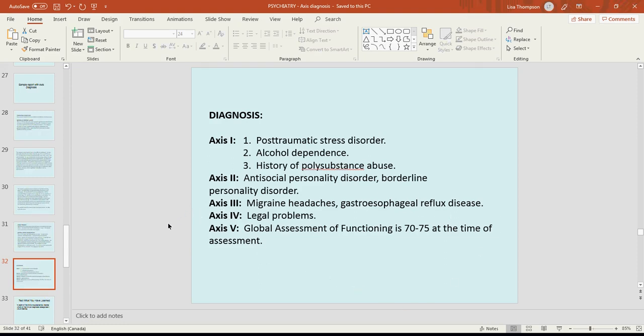So axis 3 is usually other problems the patient's having, other diagnoses and stuff. Axis 4 all deals with legal or social problems. Axis 5, that's your global assessment of functioning. And this patient is functioning between 70 and 75 at the time of this assessment.